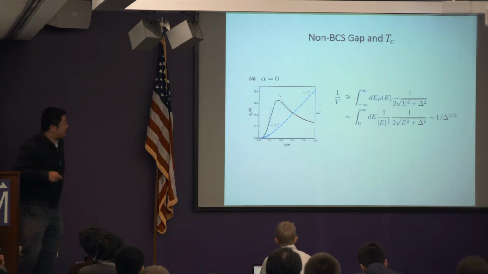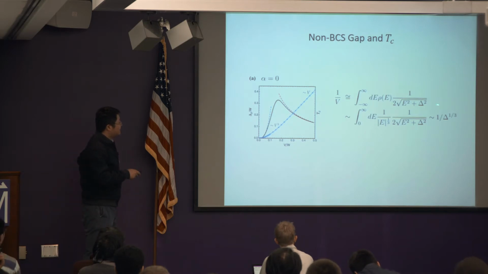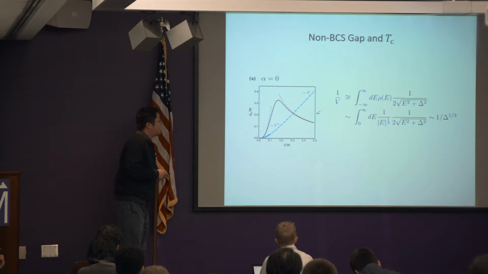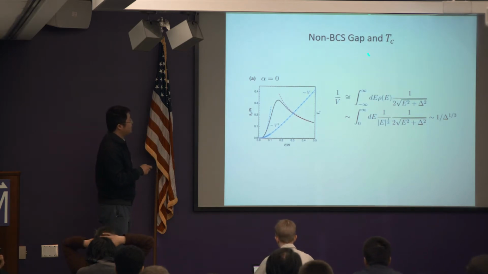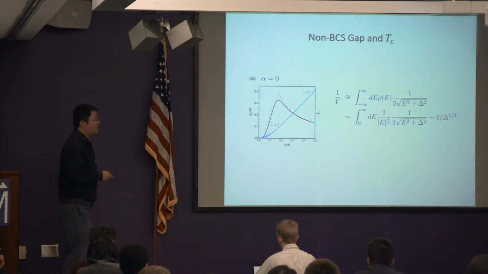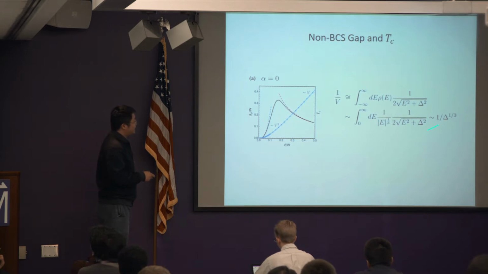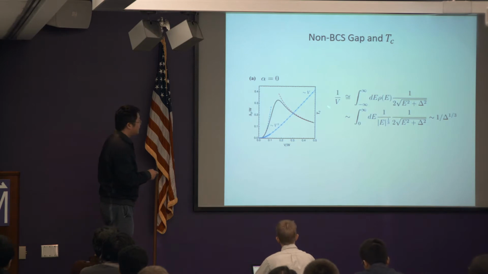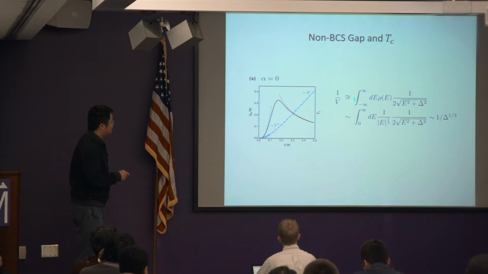So one interesting aspect is that in this system, because the density of states has a power law divergence, if we look at the gap as a function of interaction strength, or the transition temperature as a function of interaction strength, what we get is very different from the BCS formula. If we look at this gap equation, there's a density of states that appears here. If the density of states is a constant, as in an ordinary metal, then what we find is that the superconducting gap would be exponentially small in 1 over v, e to the minus 1 over v.